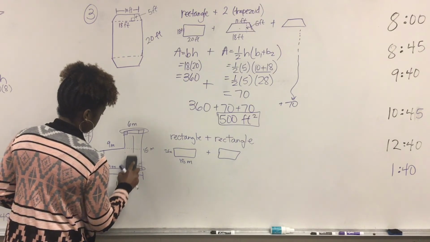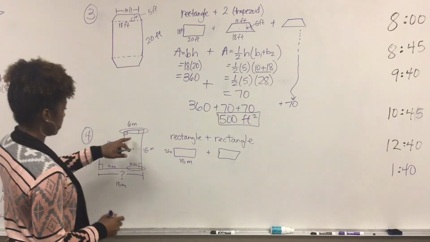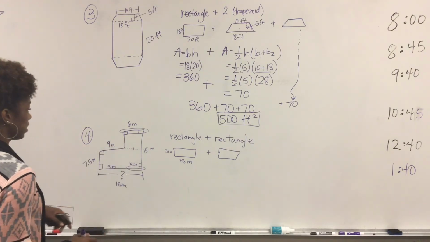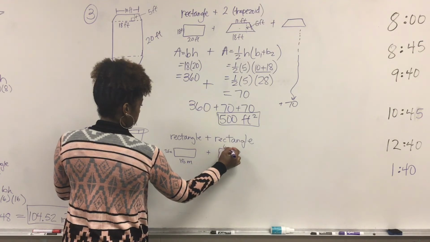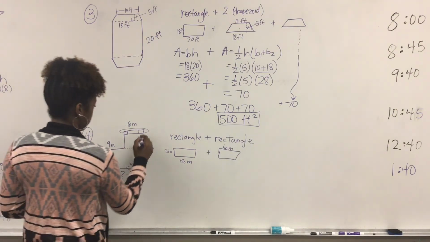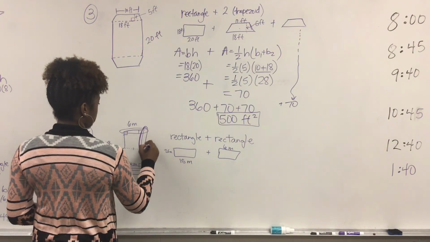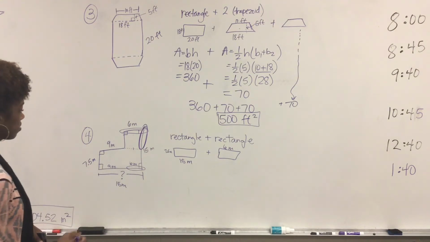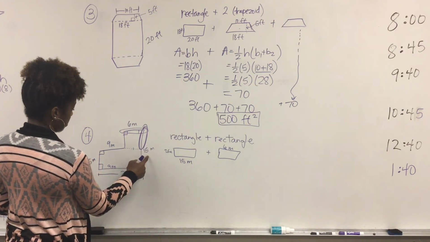Now, probably drew too much. Now for this rectangle here, I know that my base is 6 meters. Now I need to find a side. I need to find this side here. Okay? So this entire side is 15, and I know that because it states it here.